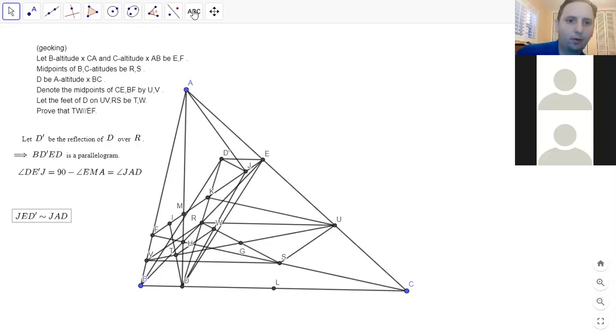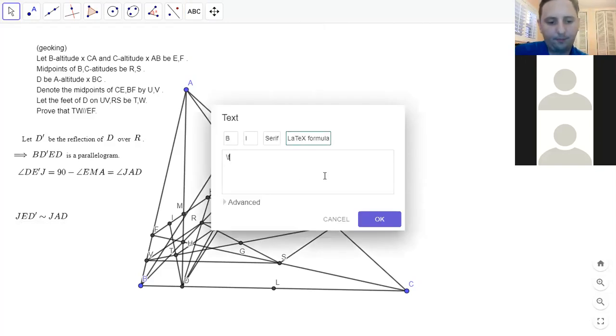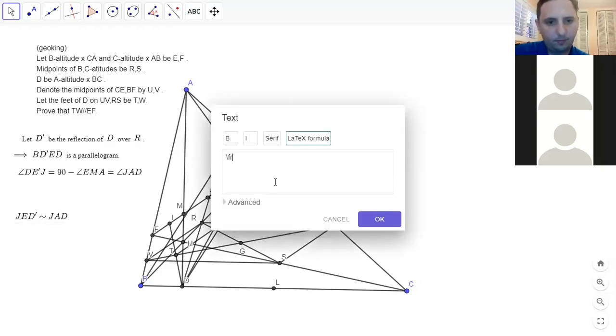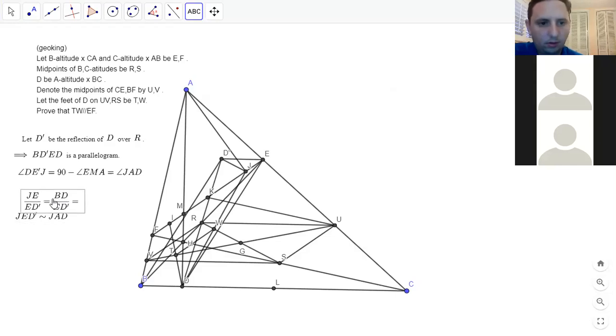Ah, okay. So we have JE over ED' is equal to BD over ED', which, oh no, we want EJ.